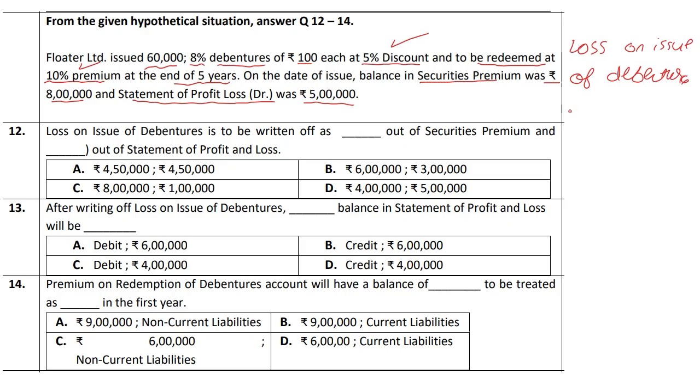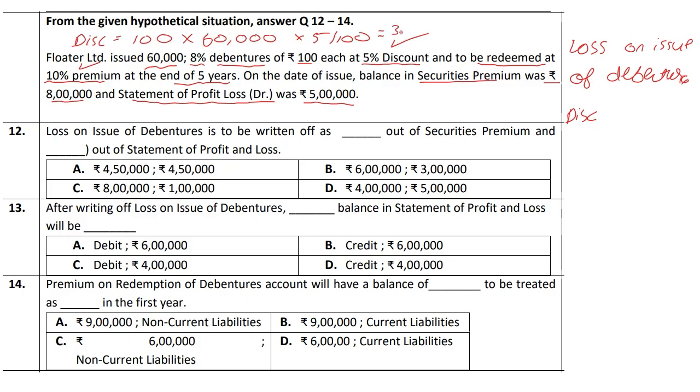The discount component is going to be 5% of the issue price. So if I want to calculate the discount, it's going to be 100 into 60,000 into 5%, or simply find out 5% of 100 is 5, and that we multiply into 60,000.